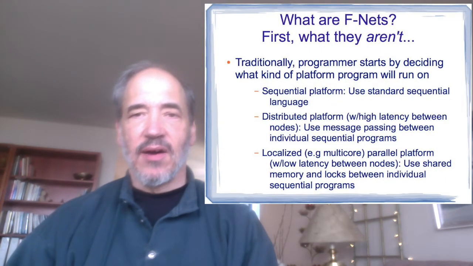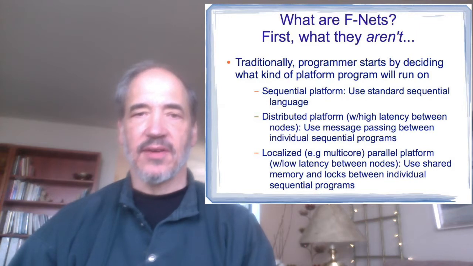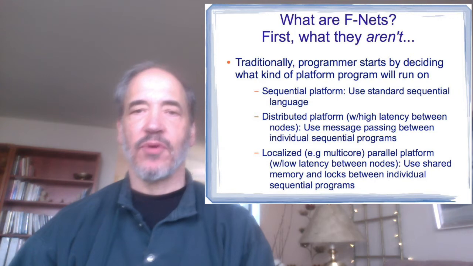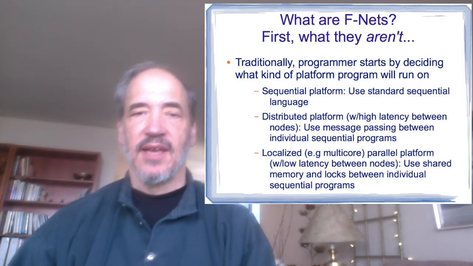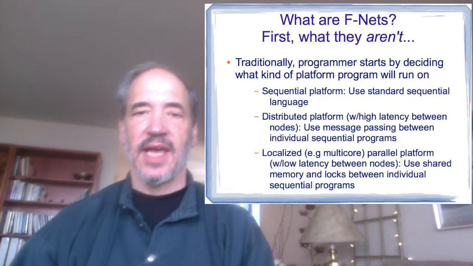So first, to describe what FNets are, we'll describe what they're not. They are a way of getting different parts of a program to work together. Traditionally, a programmer starts by deciding what kind of platform the program will run on. If it's on a sequential platform, they'll typically use a standard sequential language.